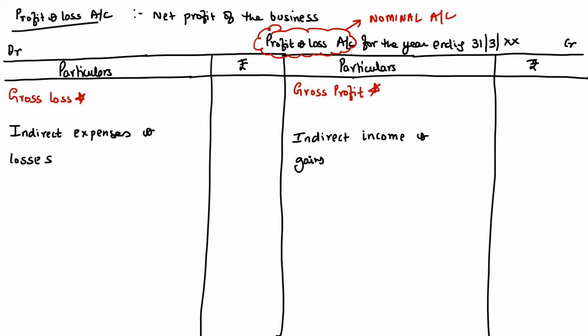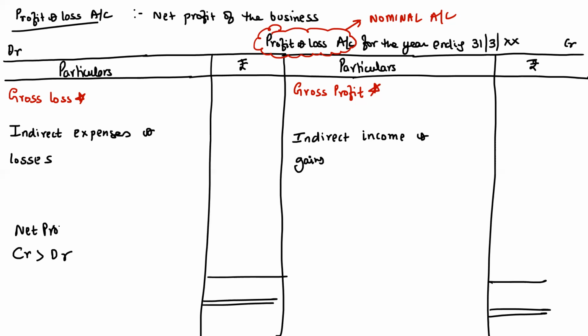So that's it. Again, in the profit and loss account, if your credit side is greater than the debit side, you will get net profit. And if your credit side is less than debit side, net loss.